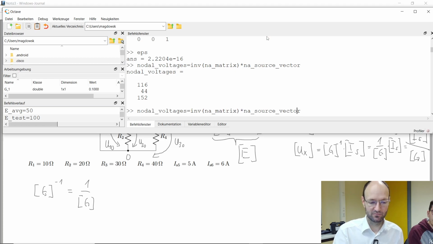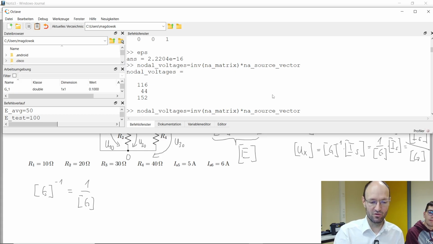And that's why computer scientists and mathematicians would say, yeah, this is not the perfect way to solve this. The problem with this equation here is that MATLAB Octave would really need to calculate this inverse matrix first, and then multiply this inverse matrix with the source vector.